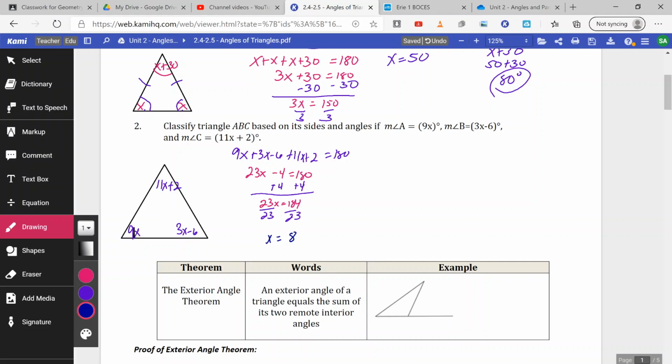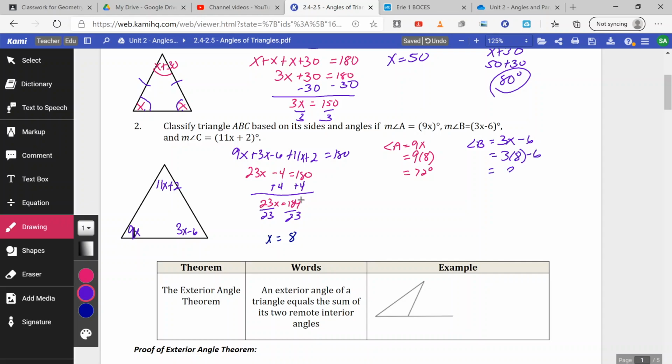So now we need to figure out how much each angle is worth. So we know angle A is 9x. So in this case, it's 9 times 8, which is 72 degrees. We know angle B is 3x minus 6. So 3 times 8 minus 6.